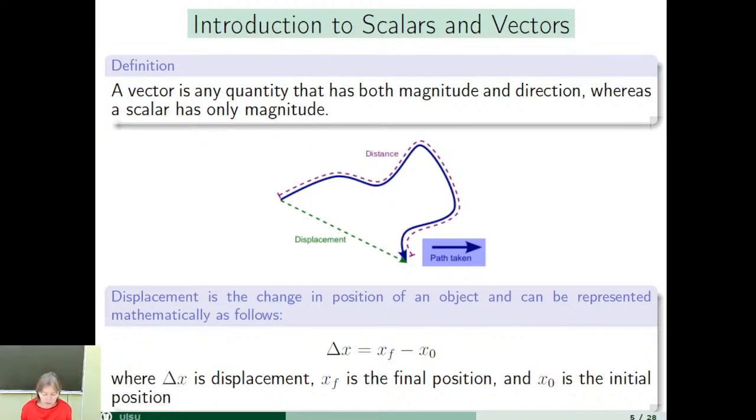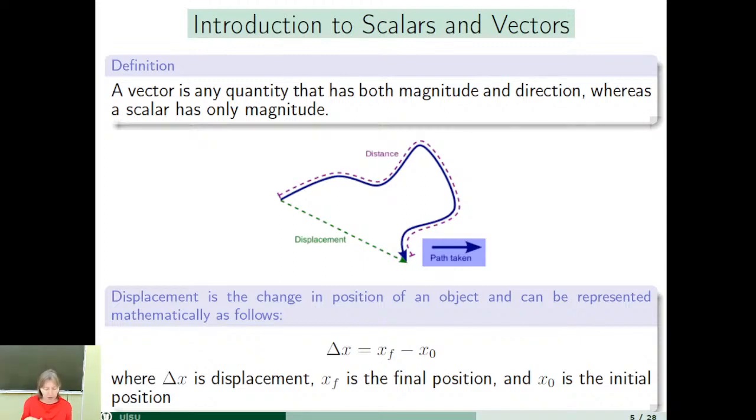Displacement is an example of a vector quantity. Distance is an example of a scalar quantity. In mathematics, physics, and engineering, a vector is a geometric object that has a magnitude and direction and can be added to other vectors according to vector algebra. The direction of a vector in one-dimensional motion is given simply by a plus or minus sign.